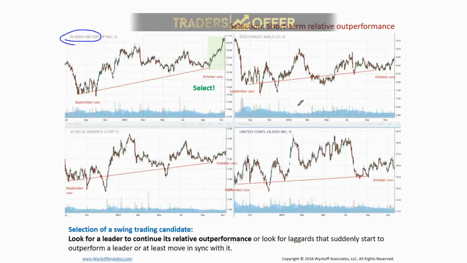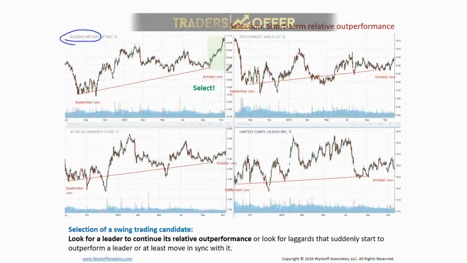We're seeing how all of them are having a positive stride, and that would also be reflected on the relative strength line if you're using that. But we're definitely seeing that Alaska is outperforming.